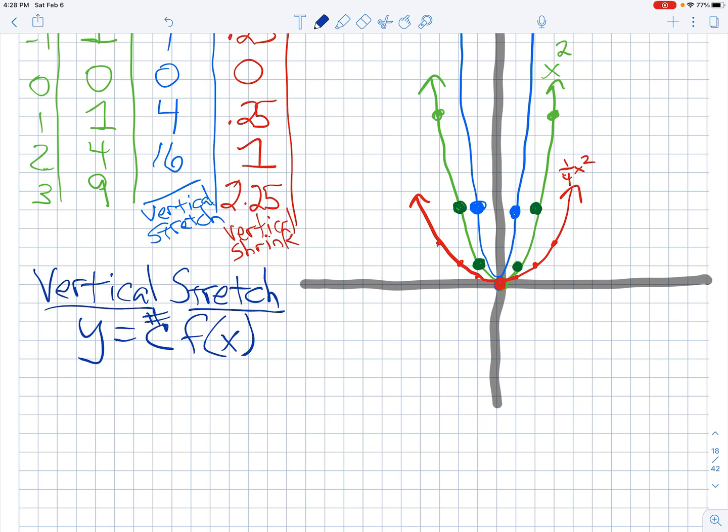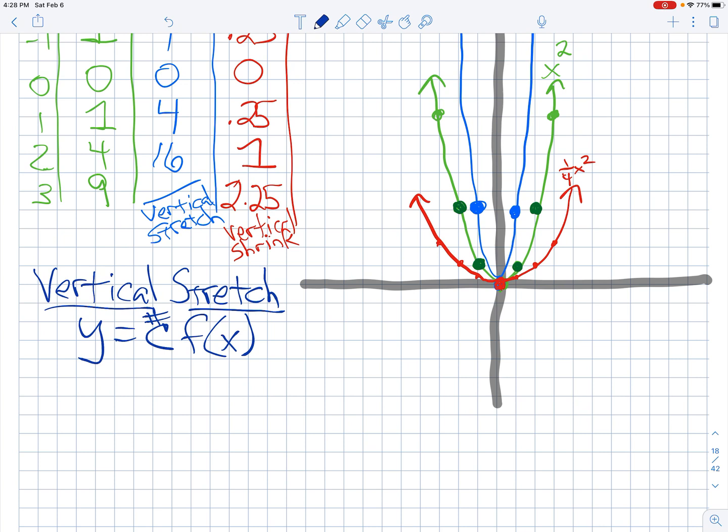So to recognize a transformation that is a vertical stretch, it had to do with that coefficient in front of the x squared term, to get those y values further away from the x-axis than the original y values from x squared.